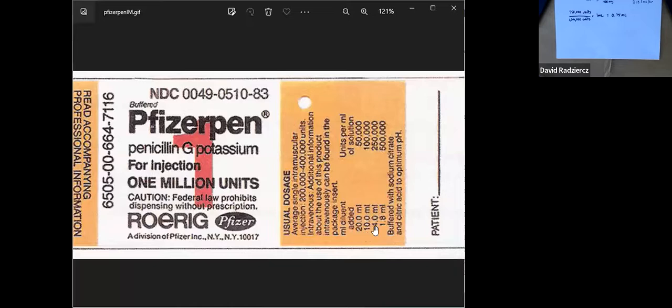These right here just tell the pharmacy, or if you happen to be the person adding the sterile water to this, how much sterile water to add. For a stronger concentration, you add less water. For a weaker concentration, you add more water. You make it more dilute. And so depending on the order and what you're told to use, that's what this kind of label looks like.